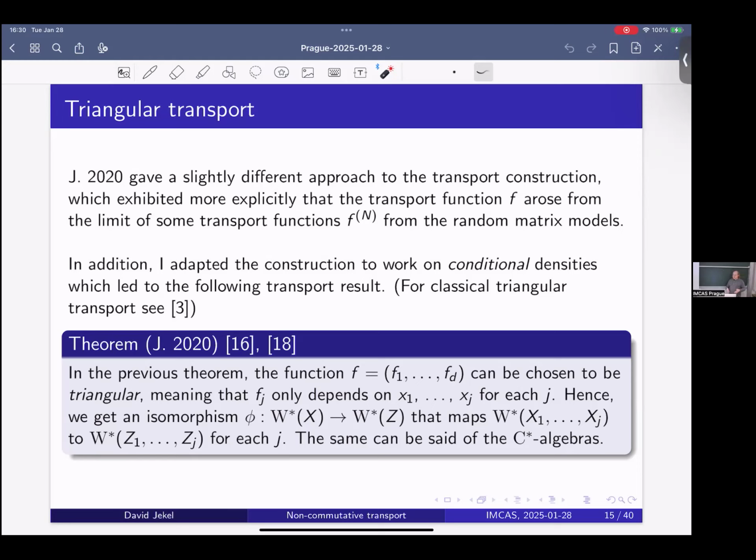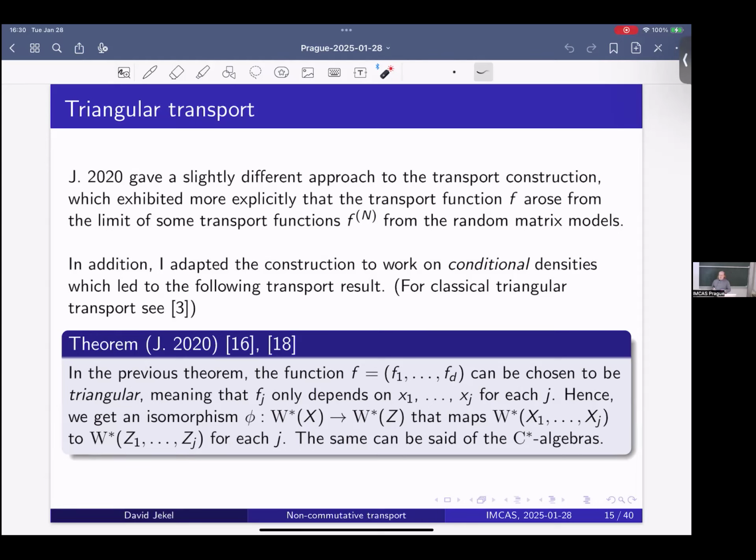So in particular, the von Neumann algebra of x1 is mapped to the von Neumann algebra of y1. And thus, just as you get the non-obvious statement that the von Neumann algebra is isomorphic to the free group von Neumann algebra, you also get a statement about the subalgebras generated by subsets of the generators.